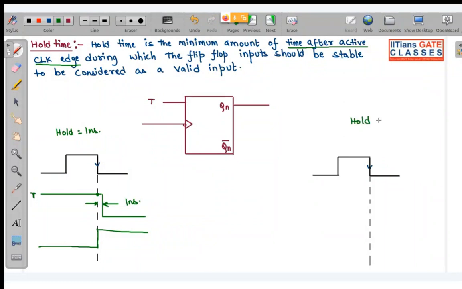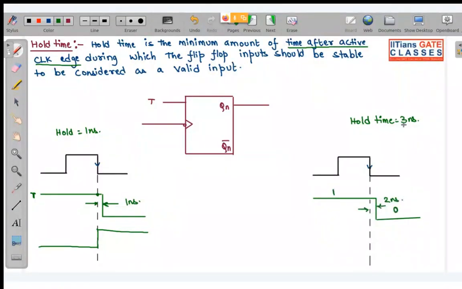Suppose we have a hold time of 3 nanoseconds, but the input transitions from 1 to 0 in 2 nanoseconds.